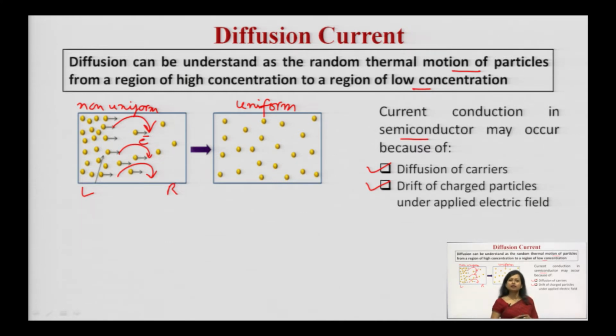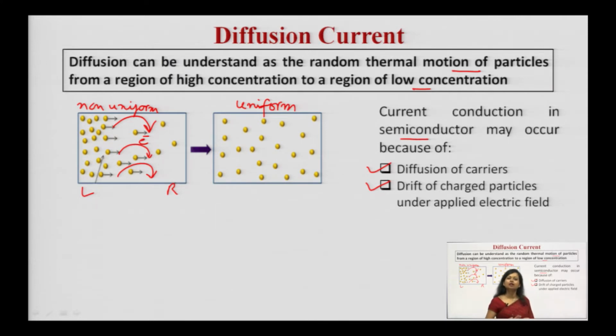Drift is what? If there is an applied electric field, then the charge carriers in a semiconductor, the electrons and the holes, will move because of this applied electric field. So, there will be a drift velocity for the electrons and a drift velocity for the holes.